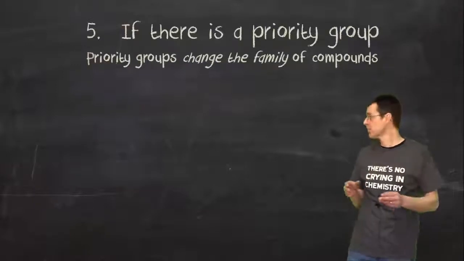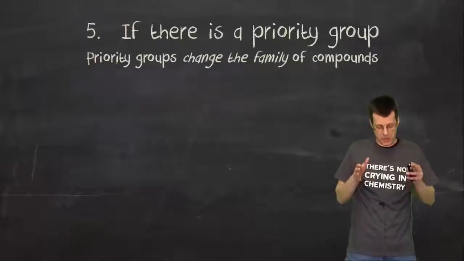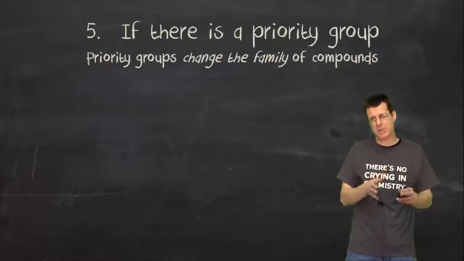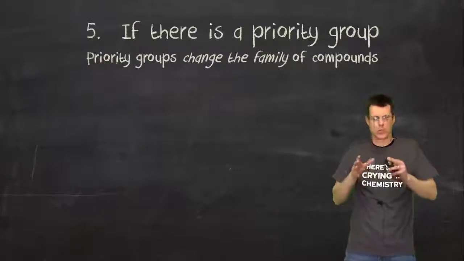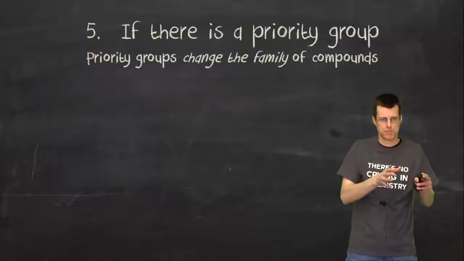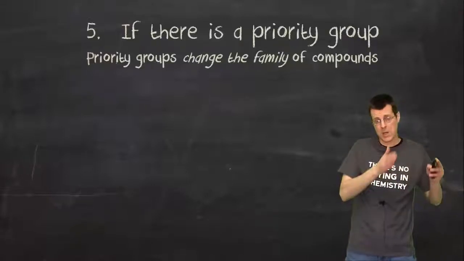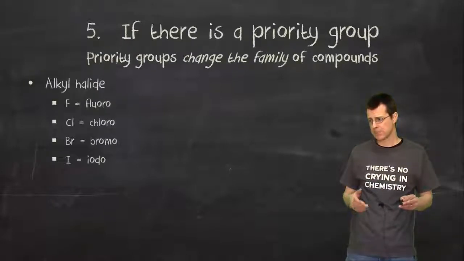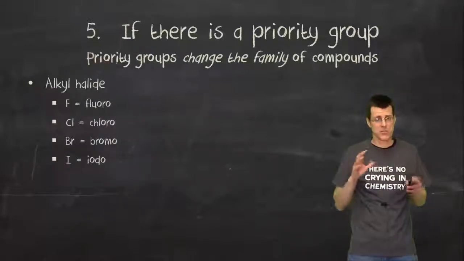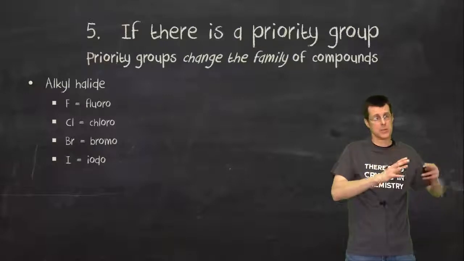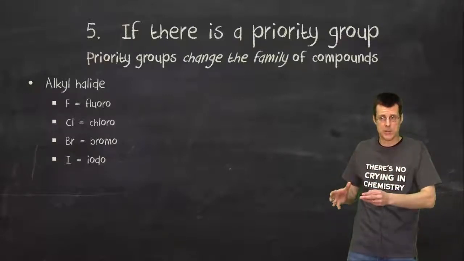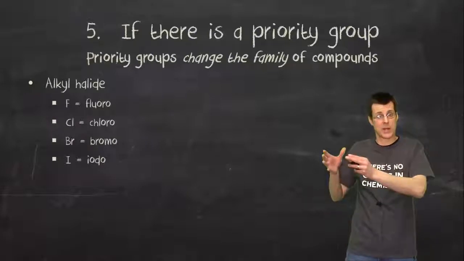One more step. We are going to, in some cases, have priority groups. And what that means is if there's a group that will change the functional group, like I said earlier, chloro or chlorine or bromines, things like that, that turns the compound into an alkyl halide. If there's a double bond, that's now an alkene.